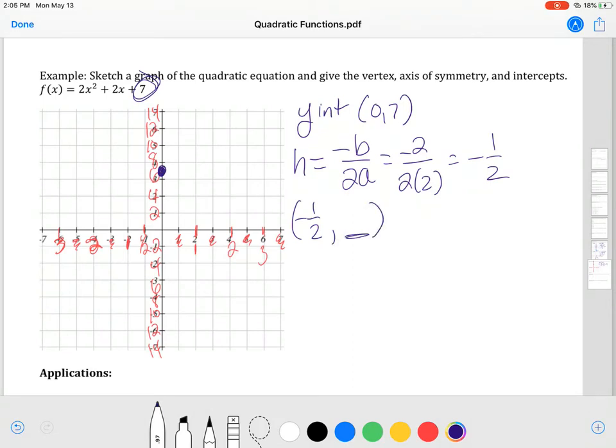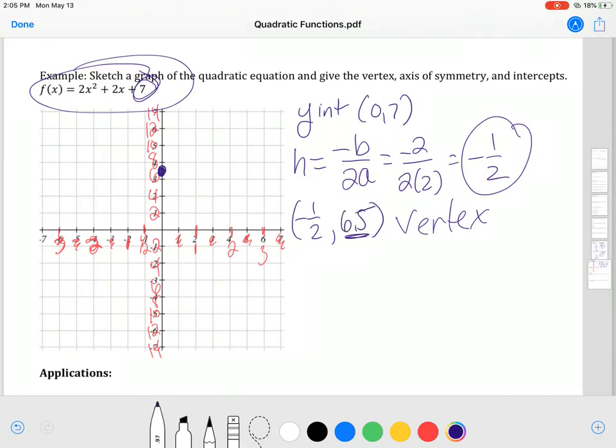So I got to find my corresponding value of y when x is -1/2 so I can find my vertex. So I'm going to take that -1/2 and plug it in here. So that gives me 2 times -1/2 squared plus 2 times -1/2 plus 7. That's going to give me 6.5. So my vertex is at -1/2 and 6.5.